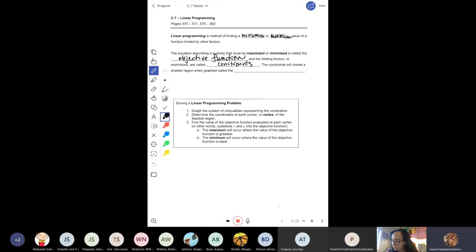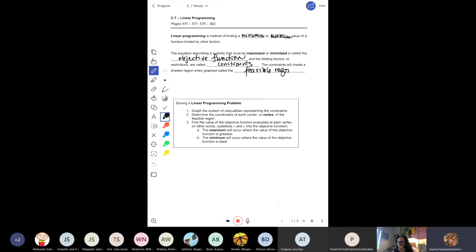Yesterday we talked about non-negativity constraints, when variables have to be 0 or positive. Those constraints confine our possible solutions into that shaded region of intersections called a feasible region.